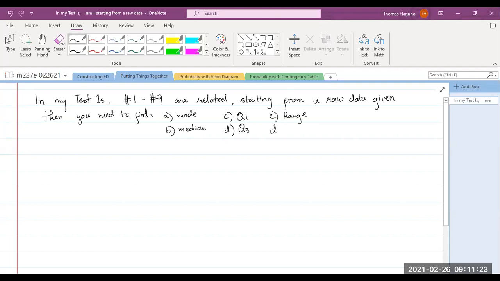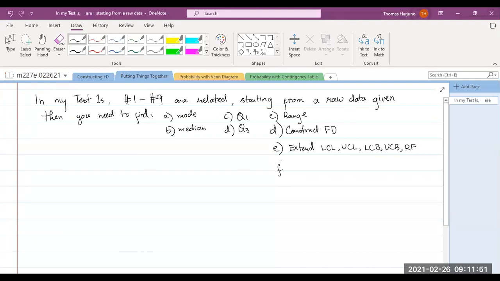and then construct a frequency distribution. From that frequency distribution you extend to get the lower class limit, upper class limit, lower class boundary, upper class boundary, relative frequency.